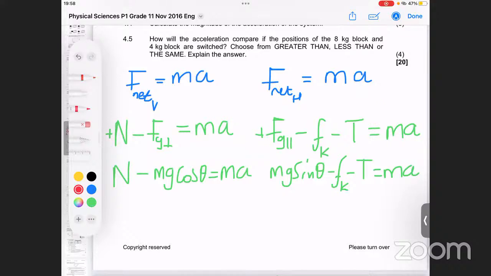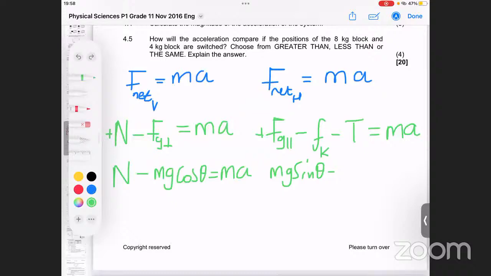You can still break down FK into its formula. 100%. Maybe let me include it there, even though I did not want to. Okay, it's fine.